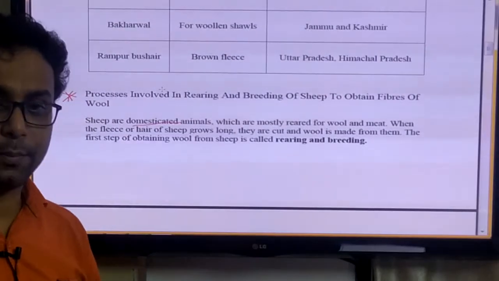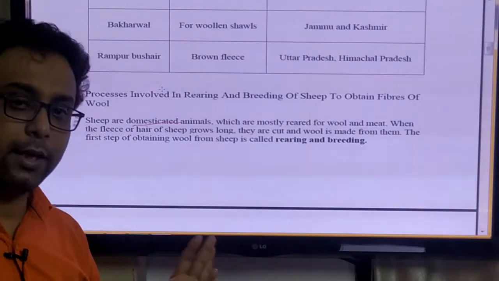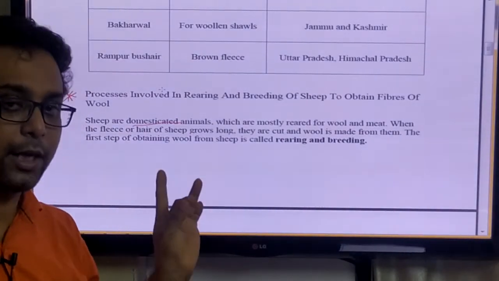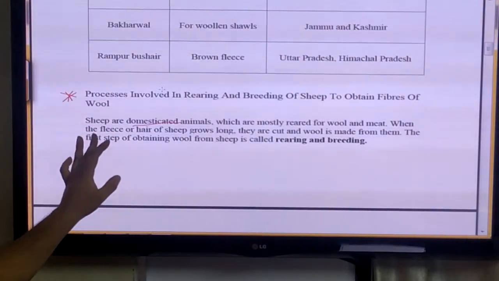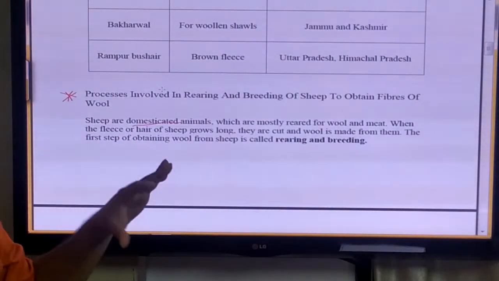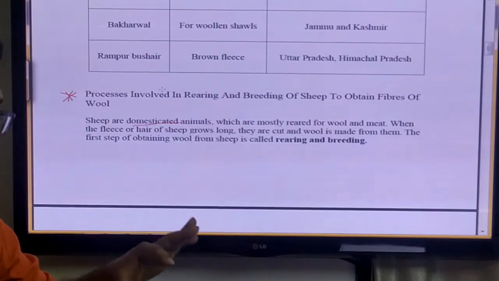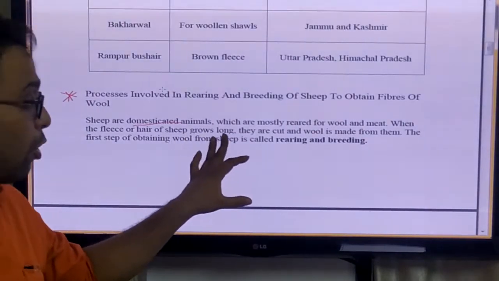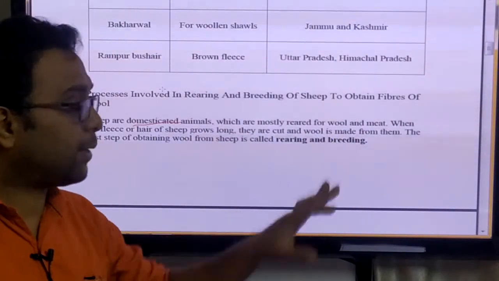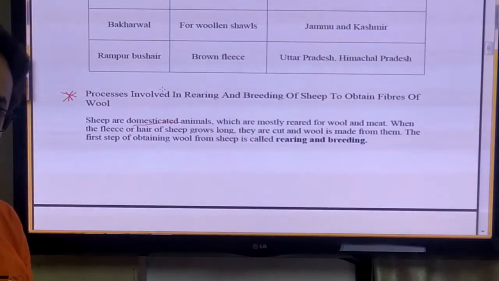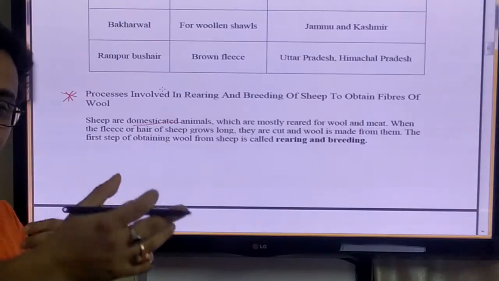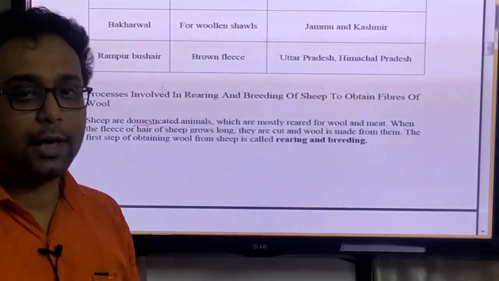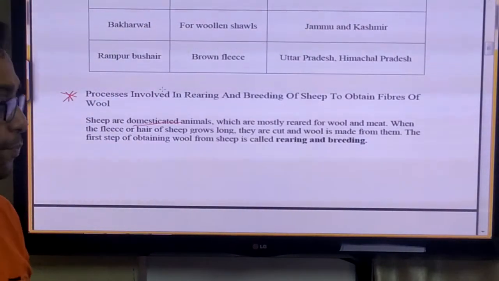The fleece, meaning the hair covering their body, grows long naturally. When it has grown long, it is cut and the wool is produced.